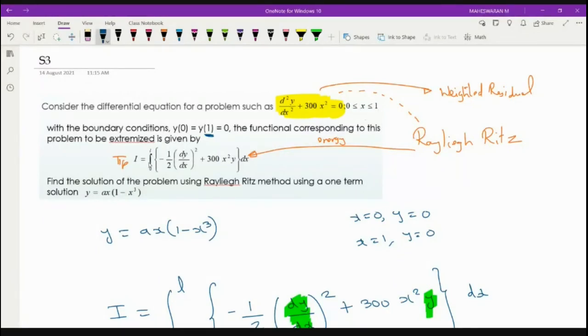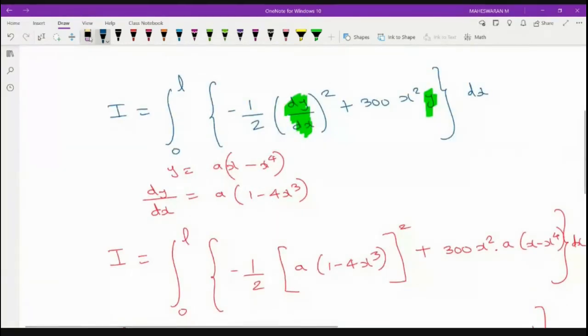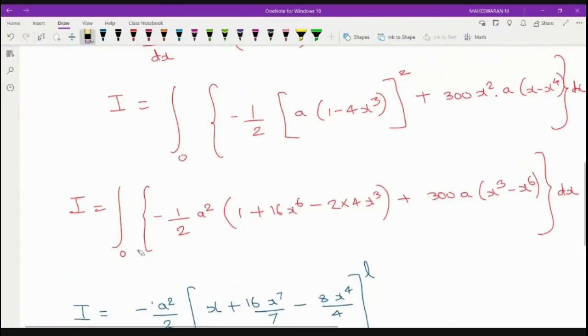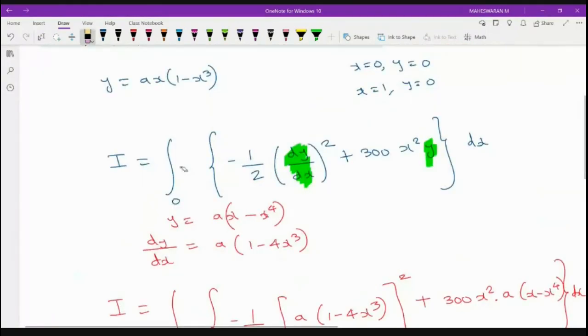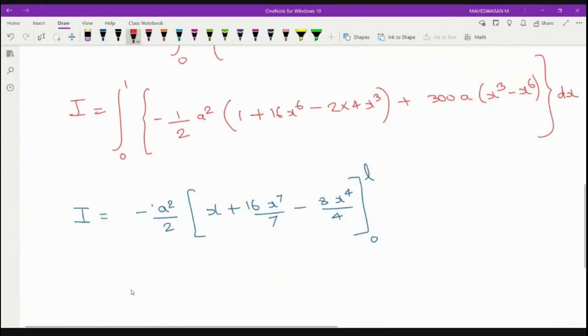So I entered it by mistake. I'll change it to 1. My limit is 0 to 1, so it has to be 0 to 1. Change it accordingly. This is 1, this also 1, this also 1. So when I apply the limit, it will be from 0 to 1.